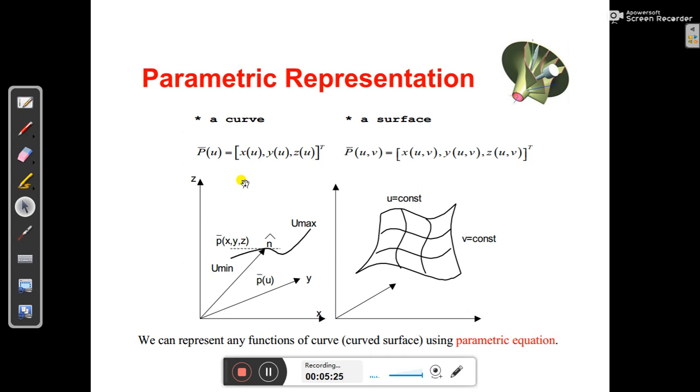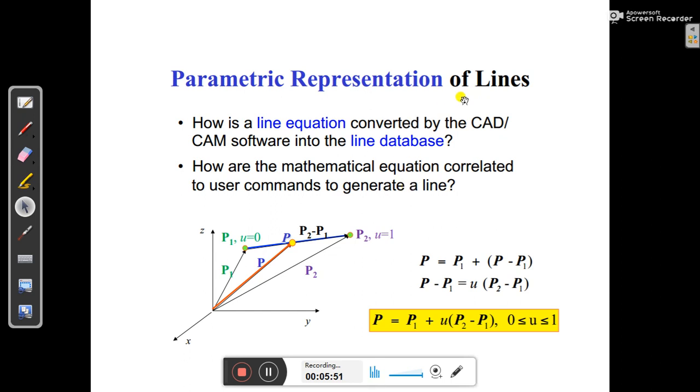Here you can see parametric representations, where the equation of the line follows with time. We can represent any function of a curve using parametric equations. This is a curve, this is a surface. In the case of lines, we used parametric representation in the Liang-Barsky line clipping algorithm.